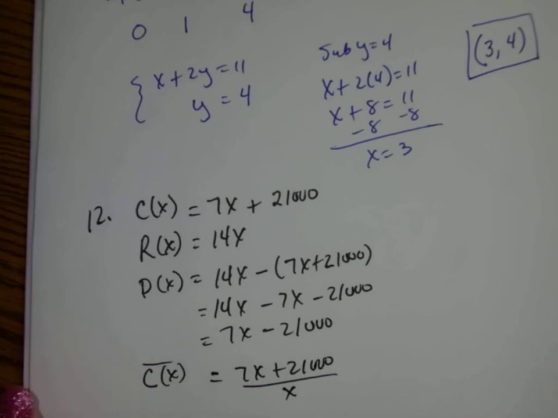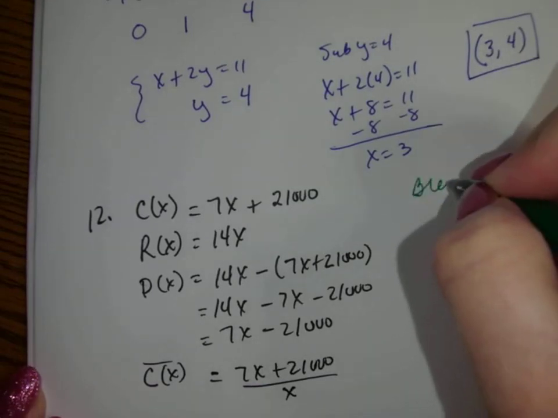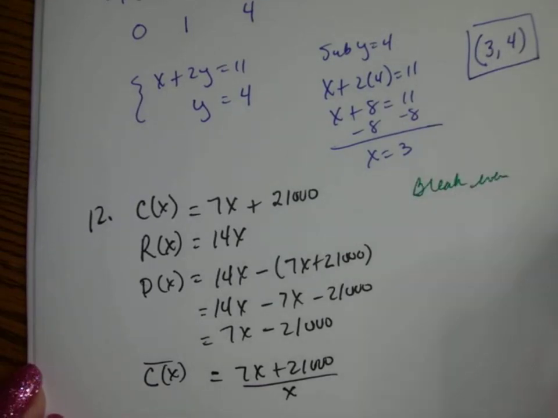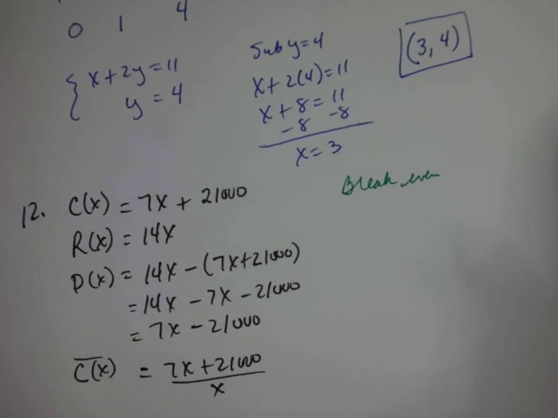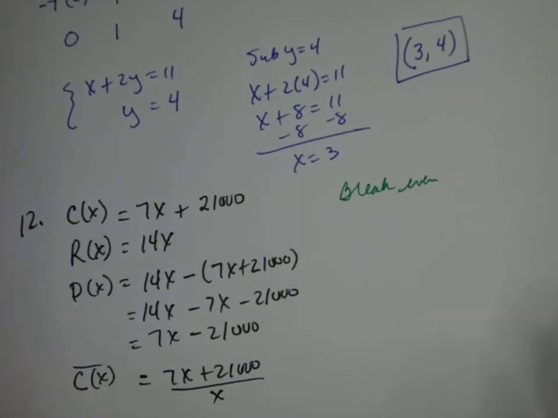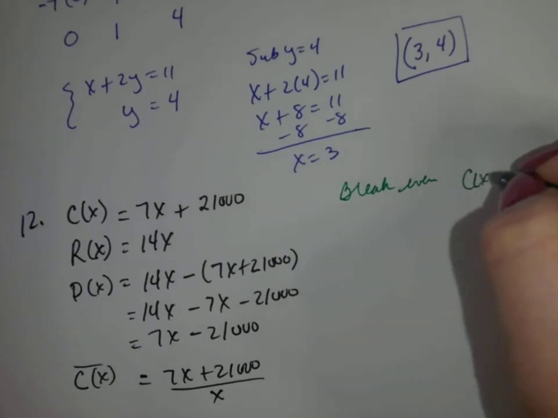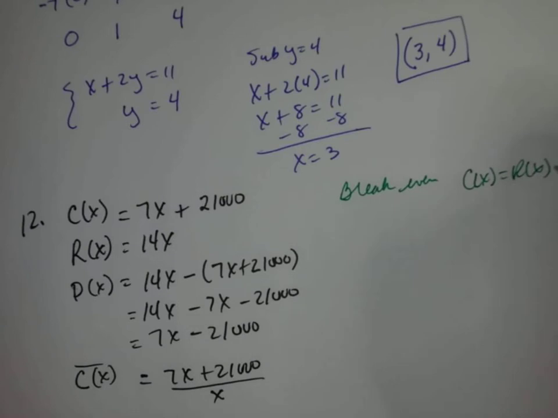So for our break-even, break-even is where you break even. You don't make a profit and you don't lose any money either. So that's where our cost and our revenue equal each other. So this will be our C of x equals our R of x, or you can say R of x equals C of x. It doesn't matter.